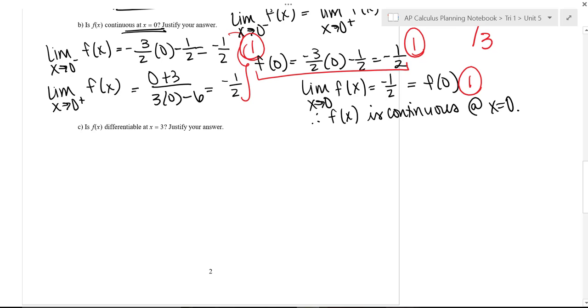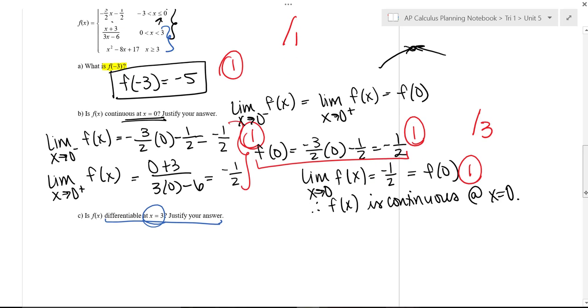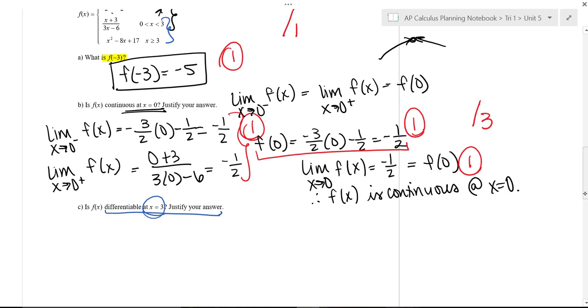Is f of x differentiable at x equals 3? So we are now looking at a different two pieces because we're asking about differentiability, and at x equals 3, we're going to be utilizing these two pieces. So remember, for differentiability, we first have to prove continuity. After continuity, then we'll move on to the differentiability statement.